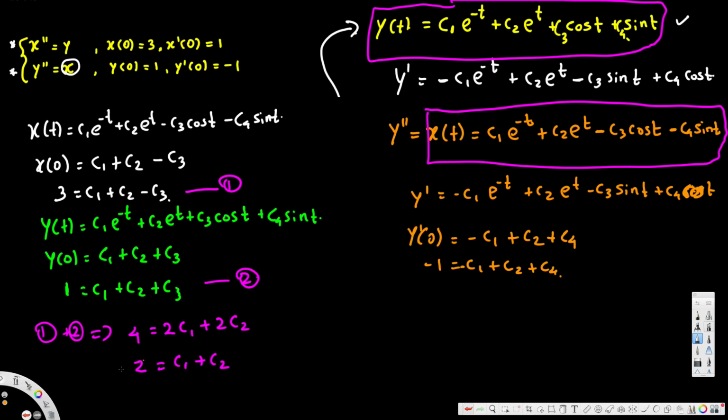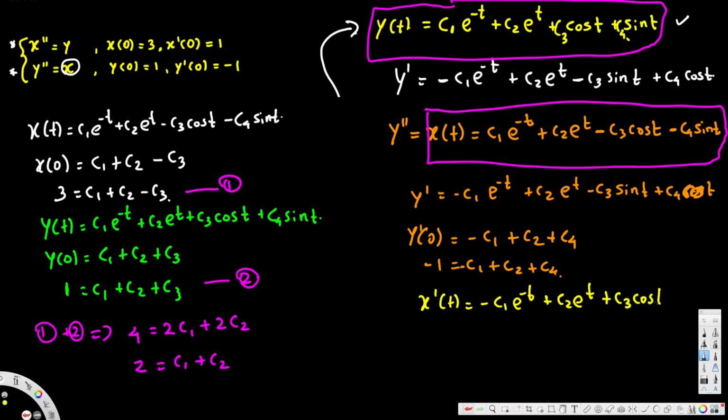Now we have found out y prime of 0 and also we have x prime of 0 available. So let's check the derivative of this one. X prime of 0. X prime of t is going to be negative c1 e power negative t plus c2 e power t, and if you take the derivative of cos, that's going to be minus sine, minus minus become plus, so plus c3 cos t, and the derivative of sine is cos, so that's going to be just minus c4 cos t. Now we know that x prime of 0 is 1. I'm going to plug x prime of 0.